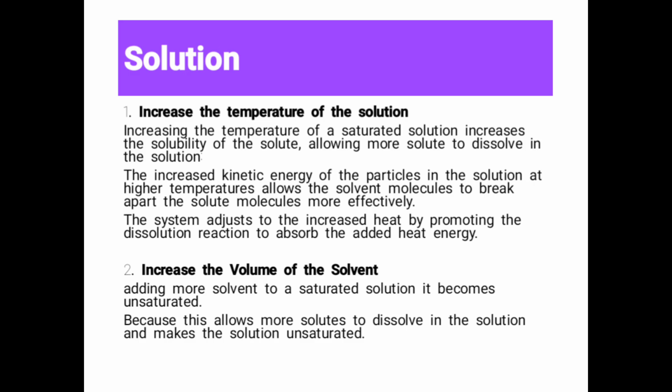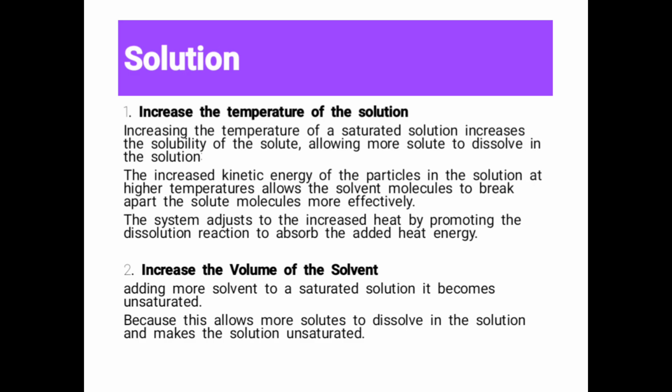By increasing the temperature of this solution, you increase the solubility, because solubility is temperature dependent. When you increase the temperature of a solution, it becomes more soluble. It increases the solubility. Therefore, it will allow more solute to be dissolved.